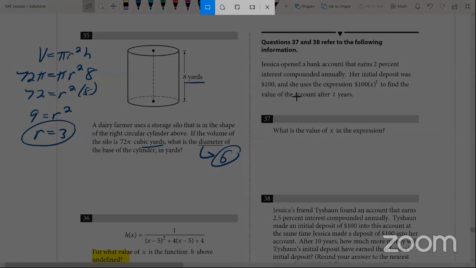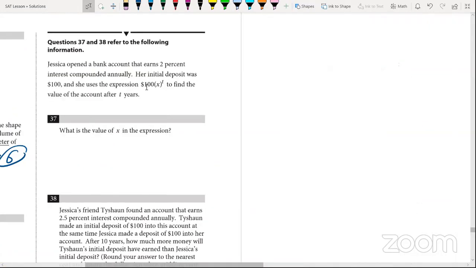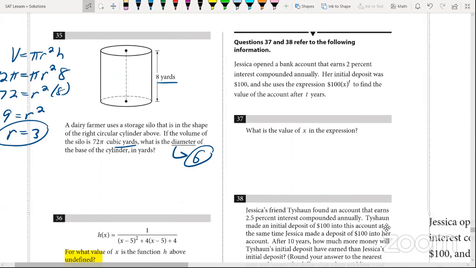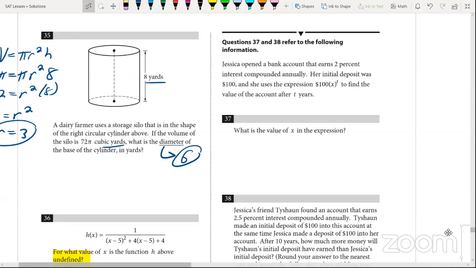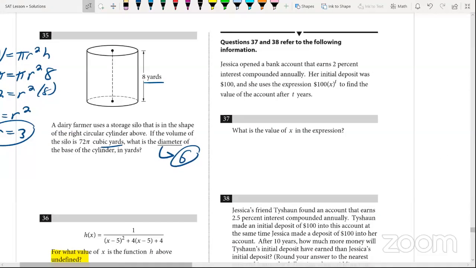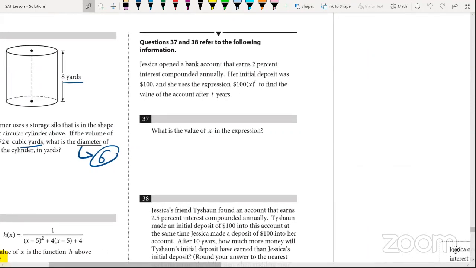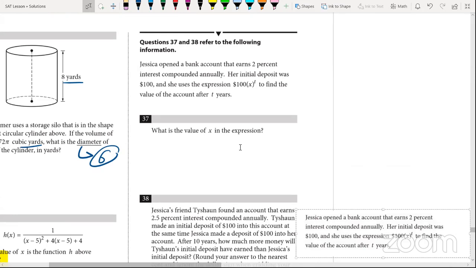Question 37 is going to be asking us about exponential equations. Just a little housekeeping here to prepare for doing question 38 in a moment. Okay, question 37.